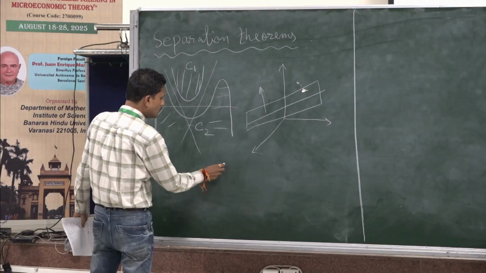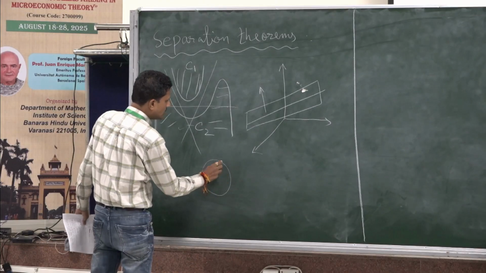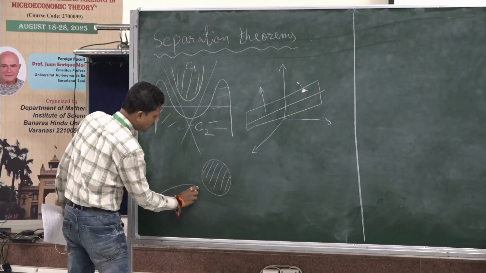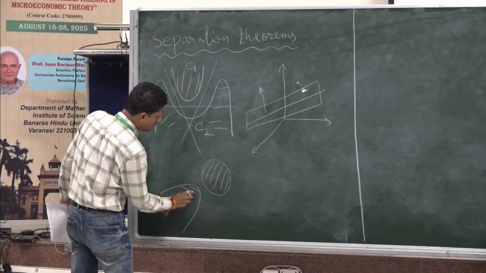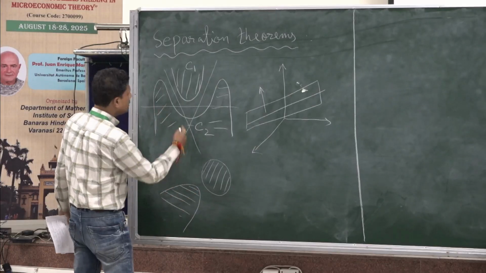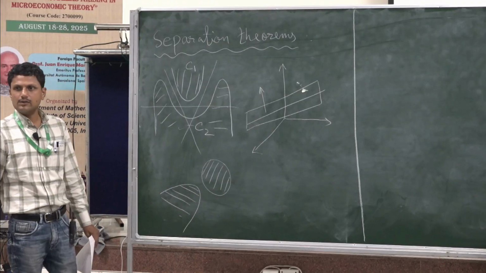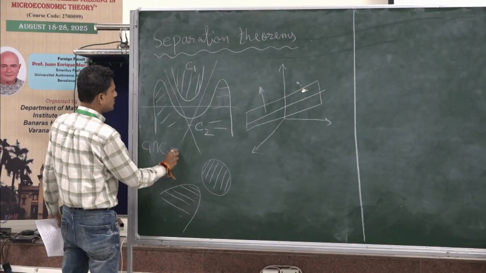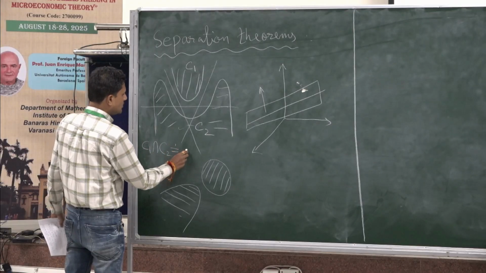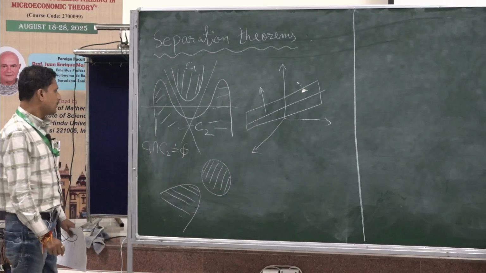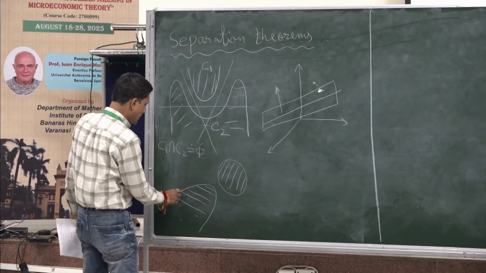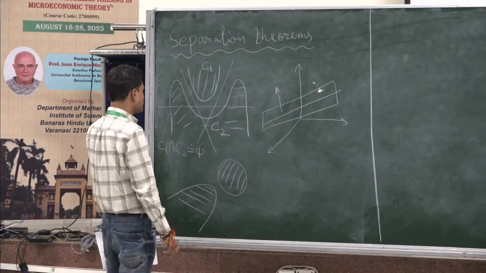Suppose we have some other types of sets like this, disjoint. Although these two sets, C1 and C2, were also disjoint, C1 intersection C2 is empty, we cannot find a hyperplane which will separate these two sets.